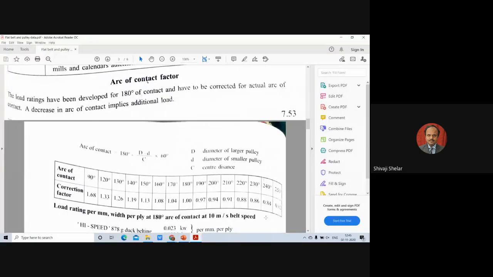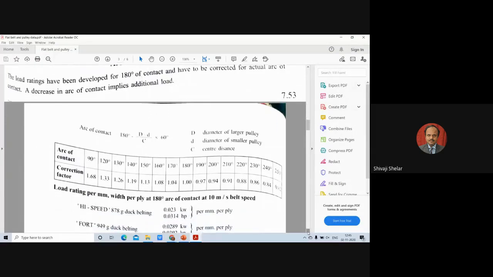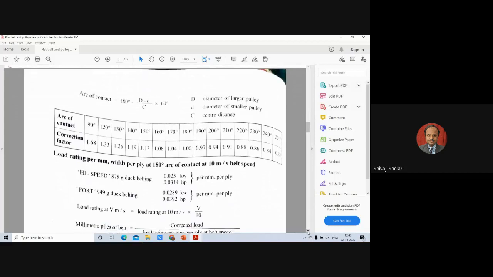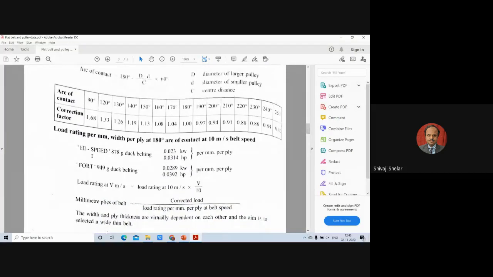On PHG 7.54, load rating is given here. As I have told, PHG data is for Dunlop belt. This is a Dunlop fabric belt having two categories, high speed category and forced category.